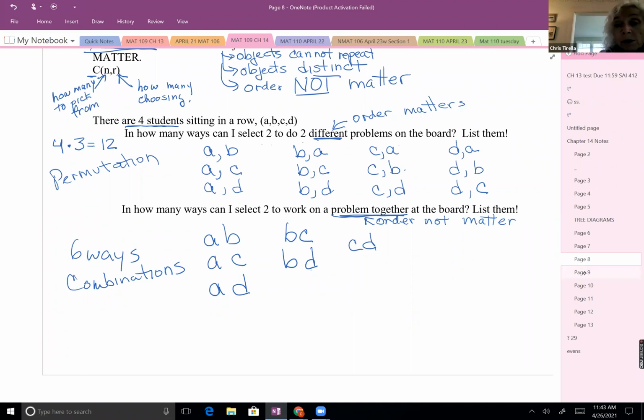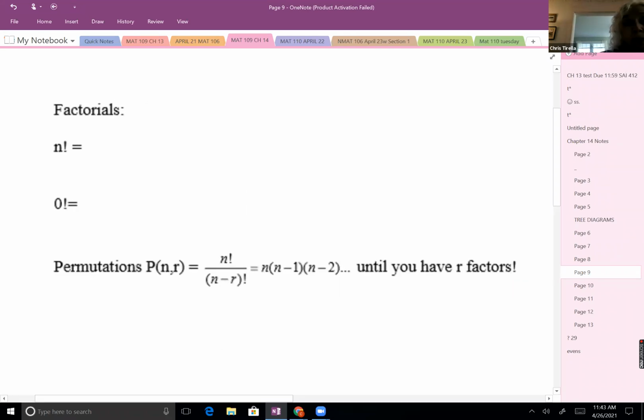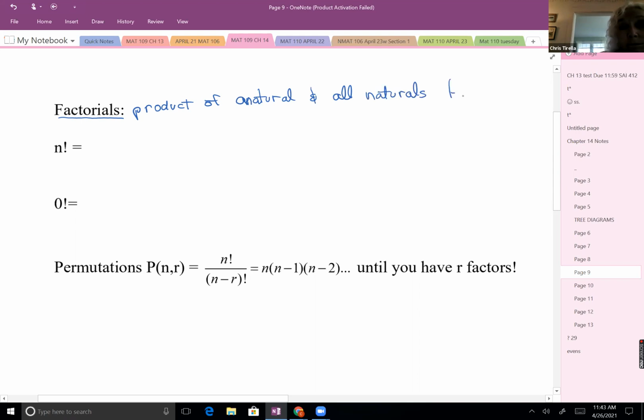So in order to look at these, I have to look at something called a factorial. Has anybody heard of a factorial before? No. It's the product of a natural number and all the natural numbers less than it.